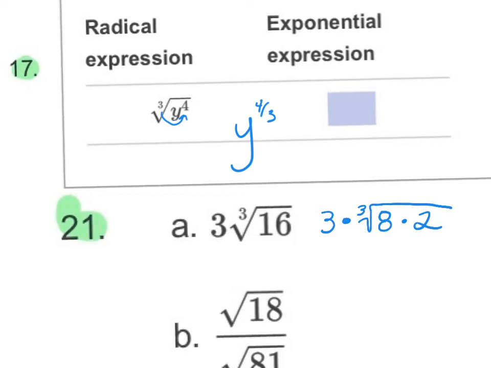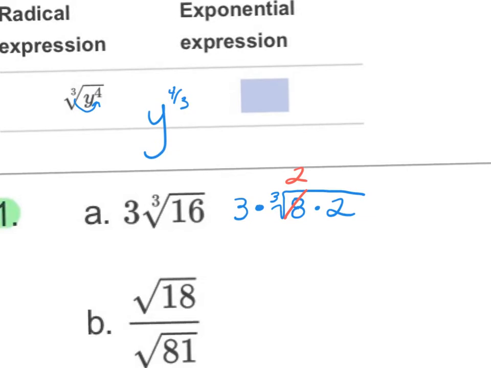Yes. Okay, so what is the cube root of 8? What number times itself 3 times gives me 8? 2, so I take that out. So I'm left here with 3 times 2 is 6 times the cube root of 2. And that's simplified. You cannot do anything else with that. Just break down and simplify as much as you can.